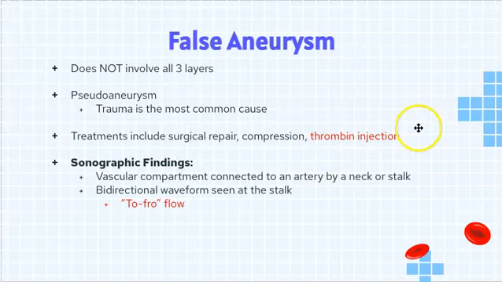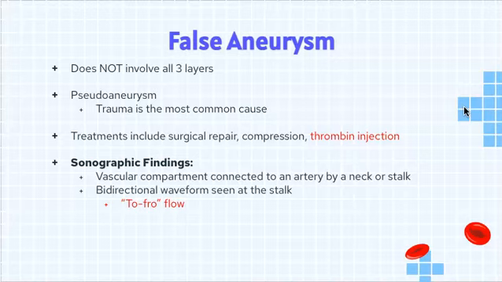I remember on my registry, I had a picture of a pseudoaneurysm, and the question was something like, what's a common treatment to get rid of this structure. It was a pseudoaneurysm, and one of the answer choices was thrombin injection, so that's what I went with.